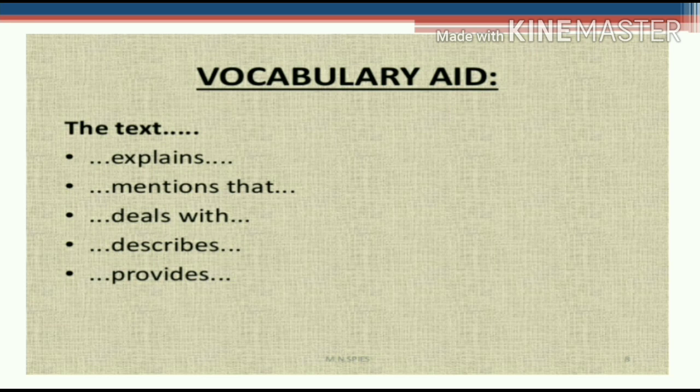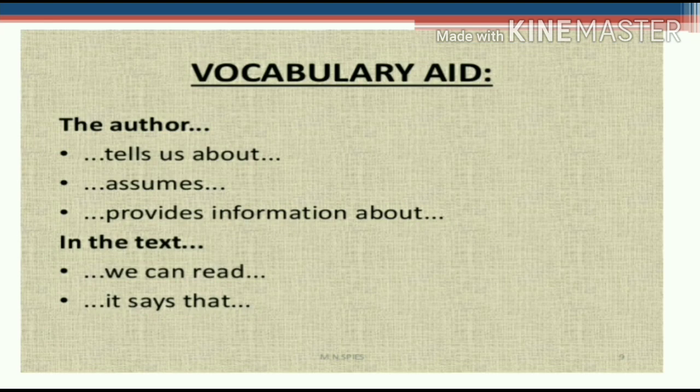When you explain the summary in your own words, try to take the help of the following words: the text explains that, it mentions that, the writer deals with, describes, provides, etc. So try to use those vocabulary aids in your summary writing, and definitely you will save vocabulary-related words.